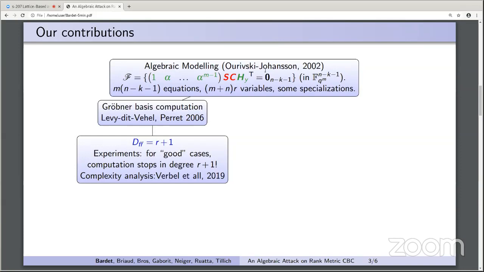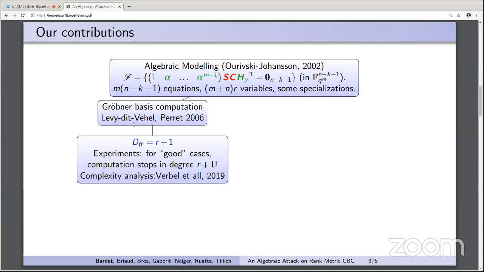So we want to solve this system and find the values of S and C. There are usually many more equations than variables, so we hope we can solve this system. There are many solutions, but with some specialization, we can reduce to the case where this system has only one solution.